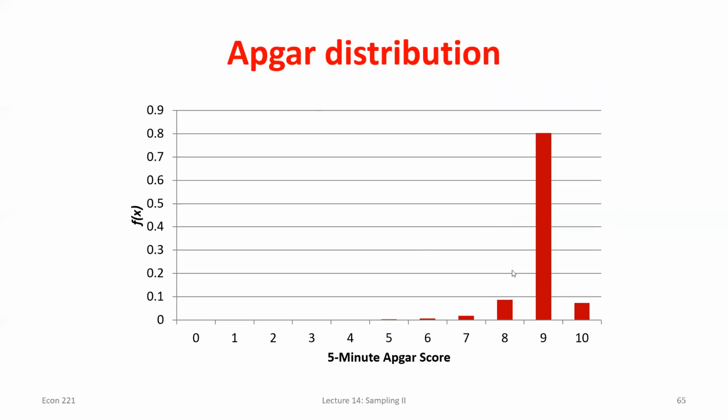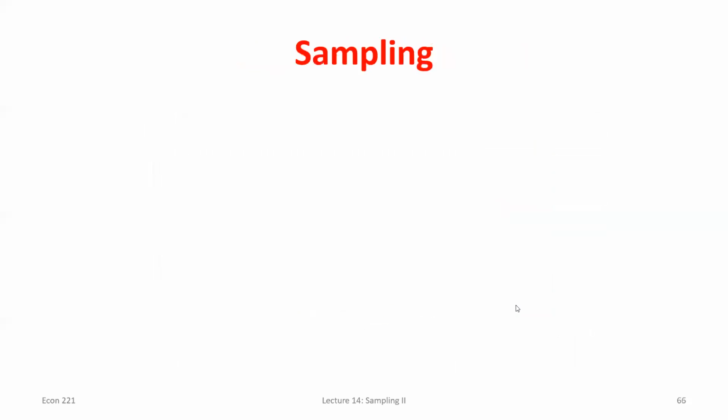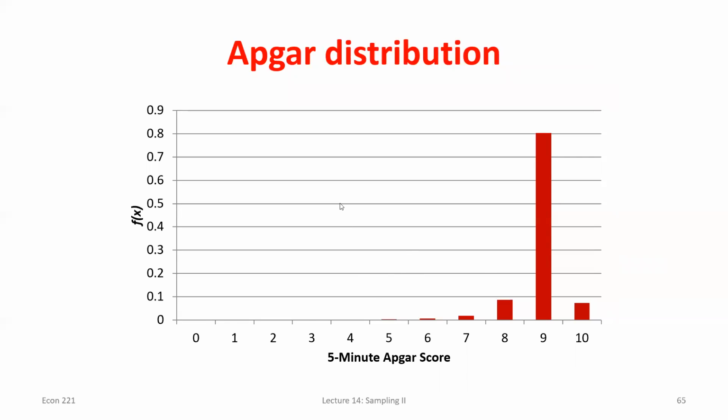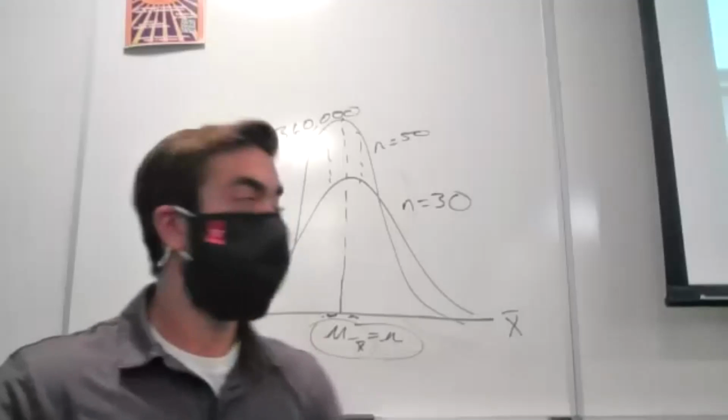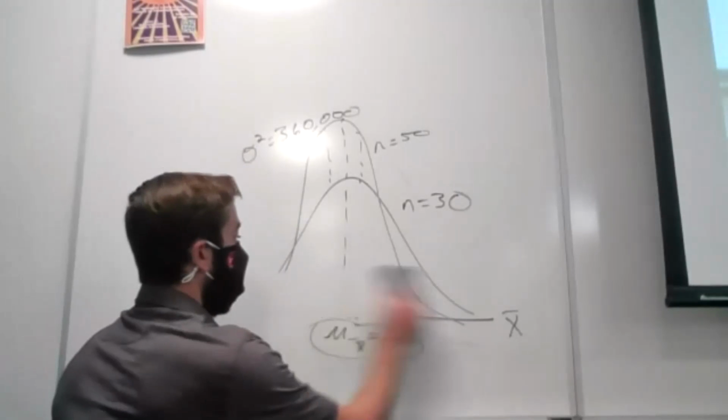The health measure isn't even truly continuous, but if we sample from it, we'll see something ends up being true. But look, this is not a normal distribution. And I didn't even put up maternal smoking, but if I had, the average was 0.82.